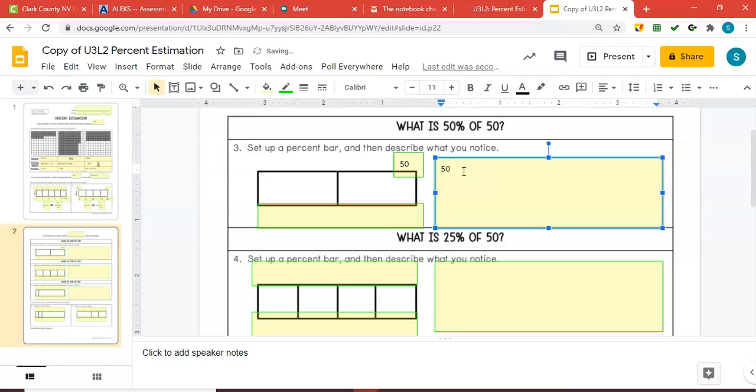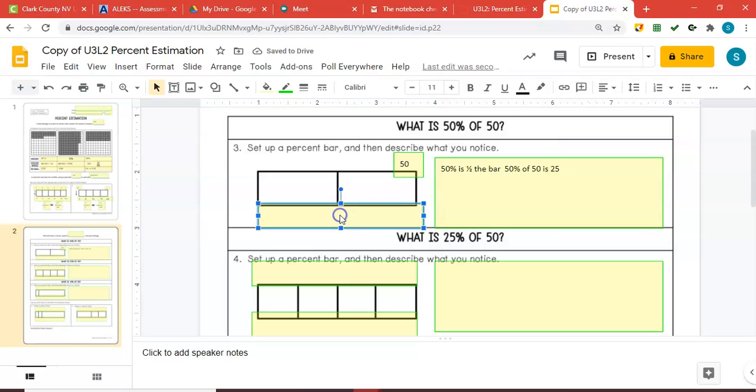So 50% is half the bar. So what's half of 50? 25. So 50% of 50 is 25, because it just measures half of our bar.